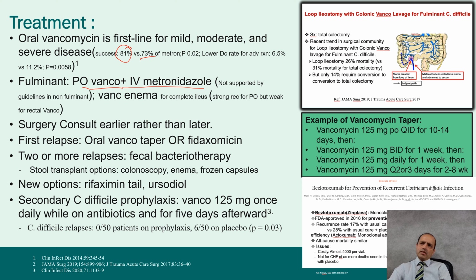What about the surgical innovations? The surgery in C. diff is traditionally radical colectomy. What they did was try loop ileostomy with colonic vancomycin lavage for fulminant C. diff, and what they found was 19% mortality versus 50% mortality from total colectomy, and only 14% required conversion to total colectomy.